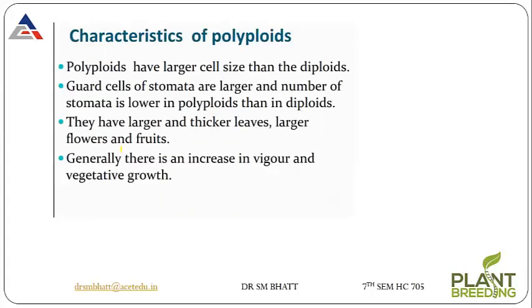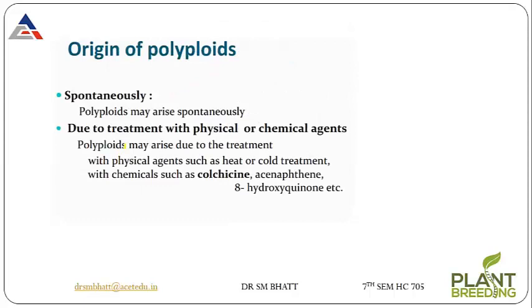Characteristics of polyploids: polyploids have larger cell size than diploids, and the guard cells of stomata are larger. So these are some features of polyploids; a larger size will be there. How are polyploids derived by mutation?